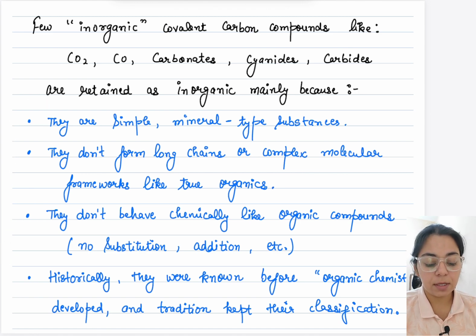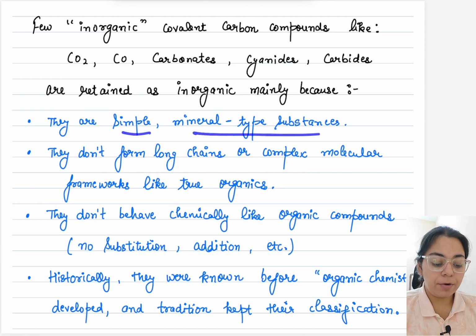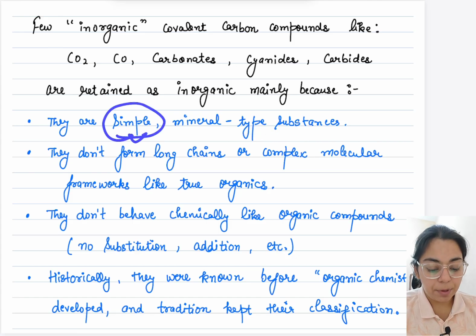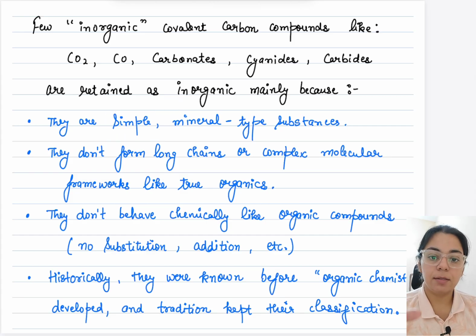They are simple mineral-type substances. What does that mean? If they are being called inorganic because they are simple, that means organic compounds are not simple in nature. Their formation is not simple, they are complex.